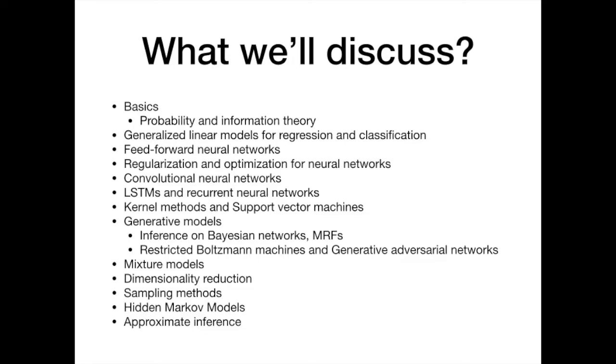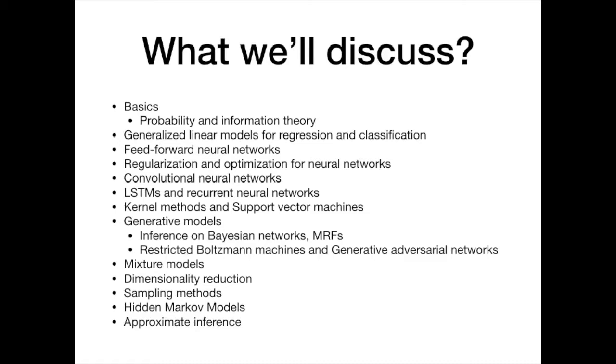These will include linear discriminant analysis, logistic regression, and so on. And then we'll discuss feed-forward neural networks, various regularization techniques and optimization algorithms for training neural networks. With this understanding, we'll be able to better appreciate convolutional neural networks, long short-term memory, and recurrent neural networks.